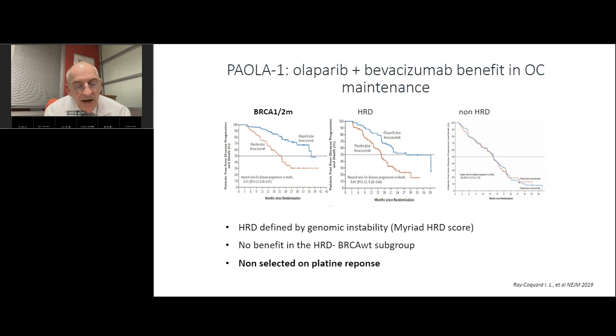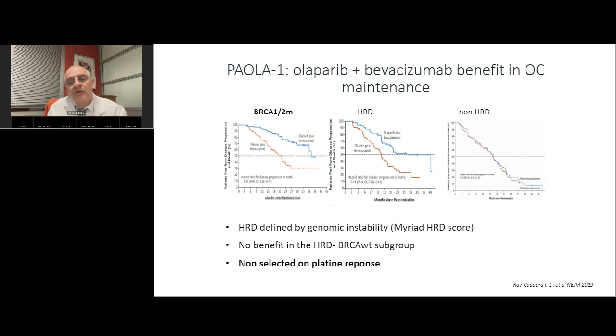Beyond BRCA women, the women with HRD have also a great benefit from PARP inhibitors. But in non-BRCA mutated tumor and non-HRD, there was no benefit at all. It is of note that these women were not selected on platinum response.